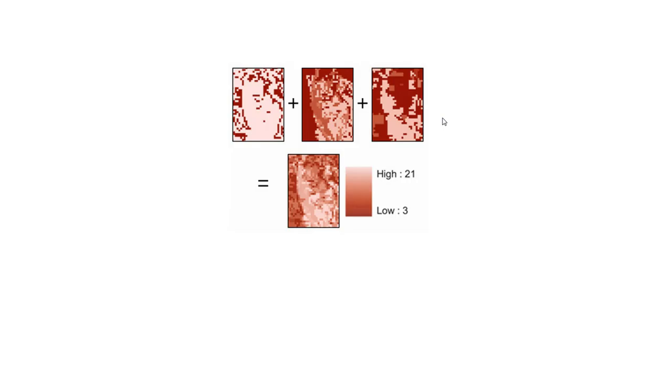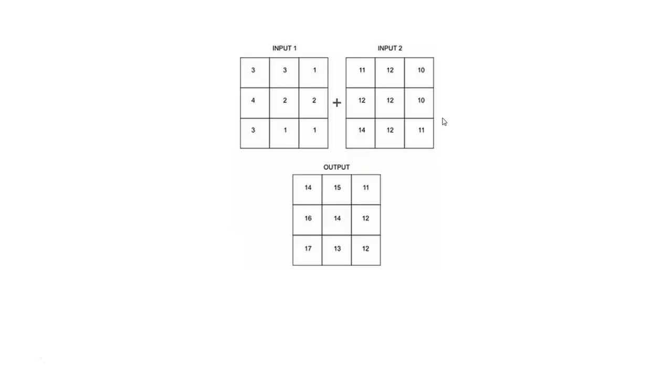And those final values are basically a combination of everything that's coming into our model, into our raster multi-criteria evaluation model. Okay, so oftentimes it's just simply a process of addition.